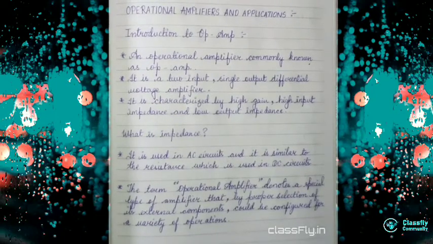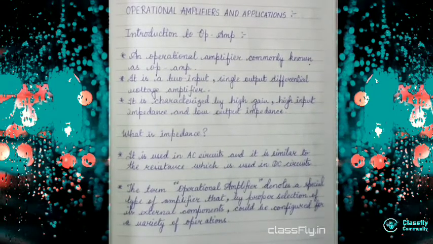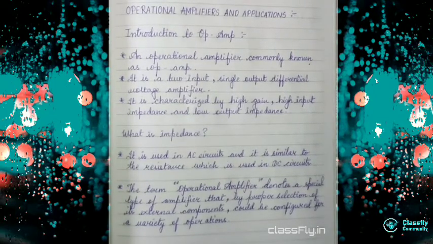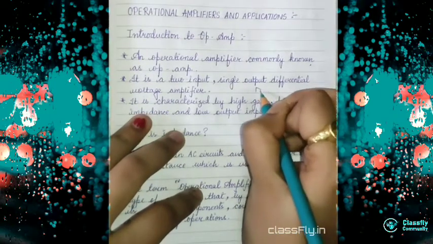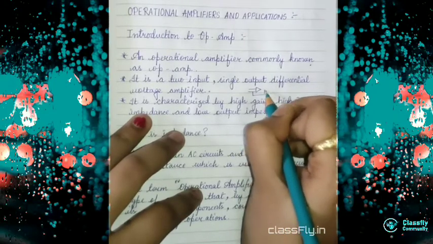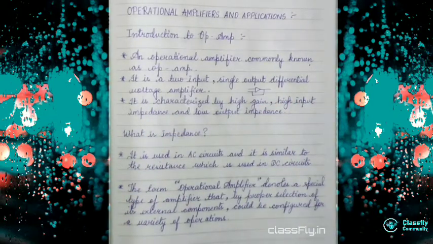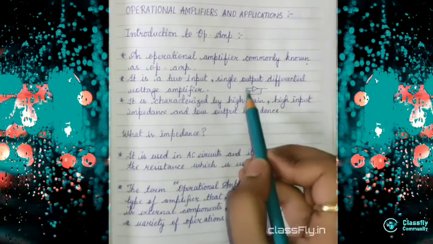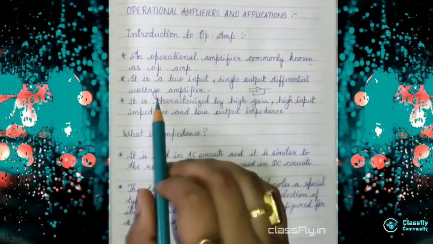Whenever there is a common input voltage, the differential amplifier will lower the voltage of the common part which the two inputs have. So this is the common one, and it will have low voltage according to the two input voltages. And it has two inputs and one output in the differential voltage amplifier.